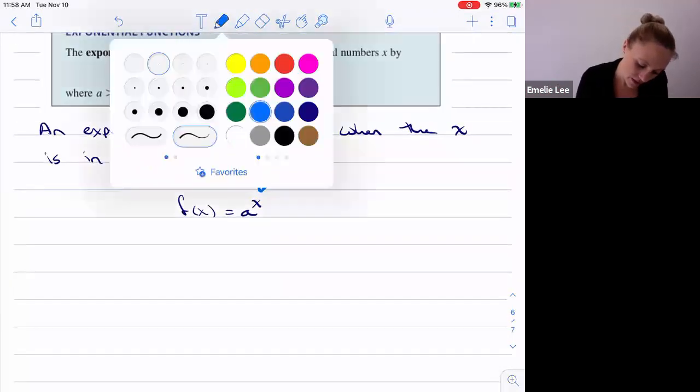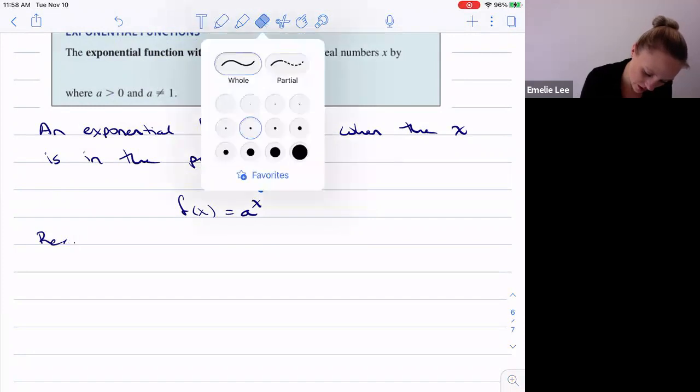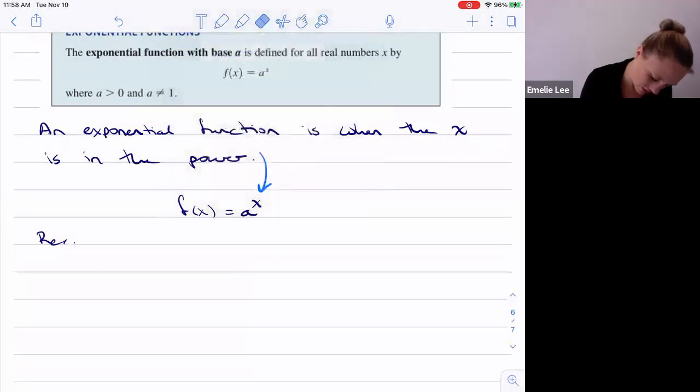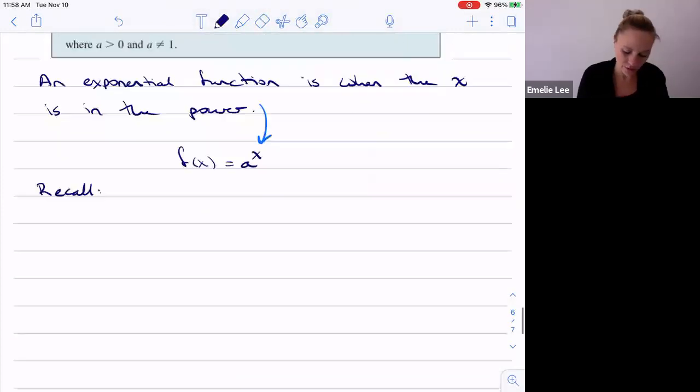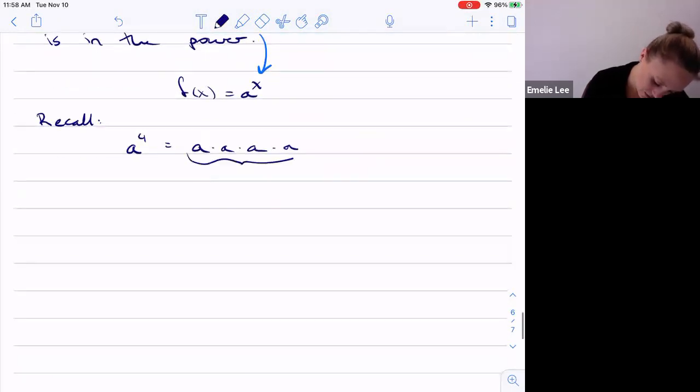Okay. And recall, we've already actually used it. Recall that a to the power of 4 is a times a times a times a, 4 times.